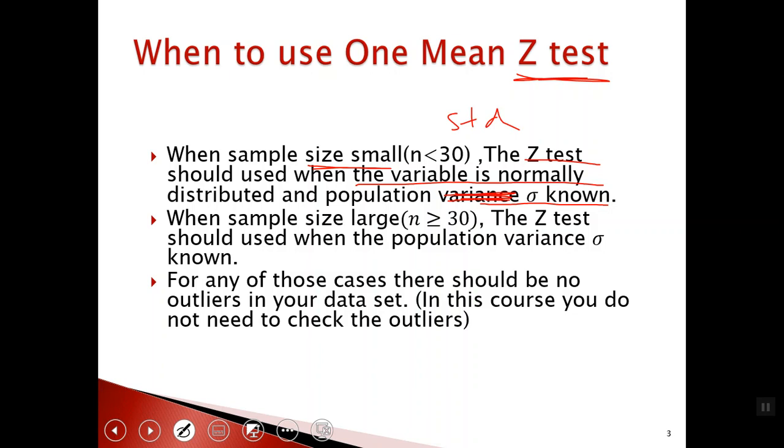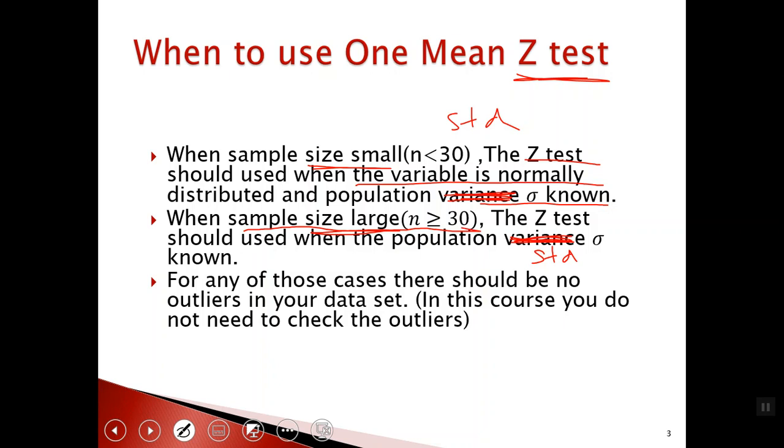If you already know your standard deviation, and you know that your sample size is large or large enough, which means greater than 30, then you can use this Z test.